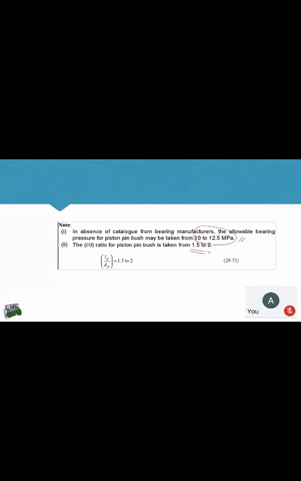See, normally we give you all this data in the question itself, but in case it is not given intentionally, then you have to assume these values.